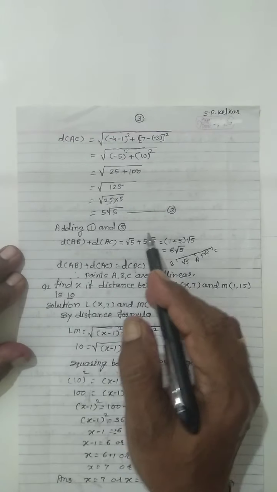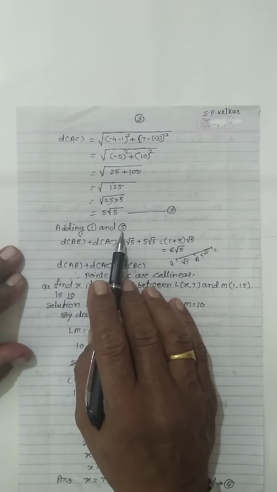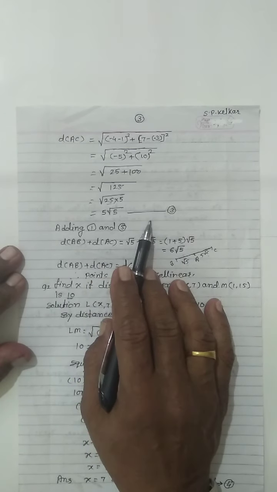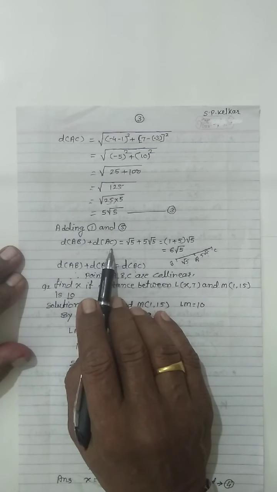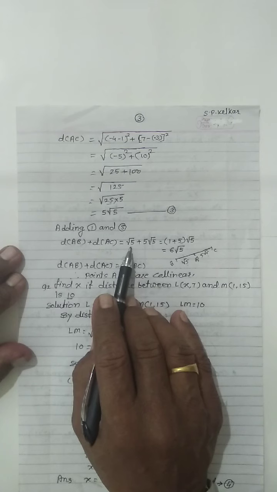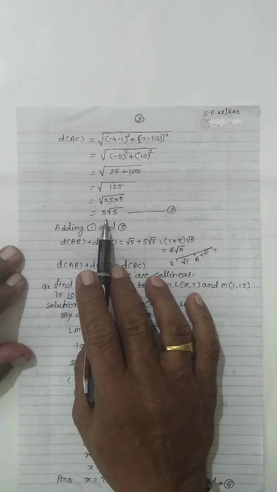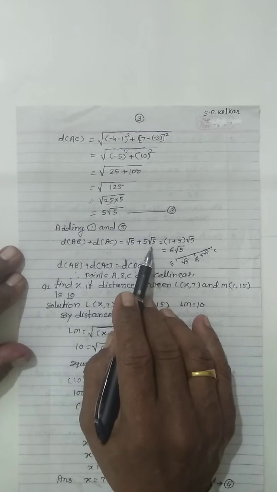Then we add equation 1 and 3, that is AC and AB. The sum of AB plus AC means AB is under root 5 and AC is 5 under root 5.